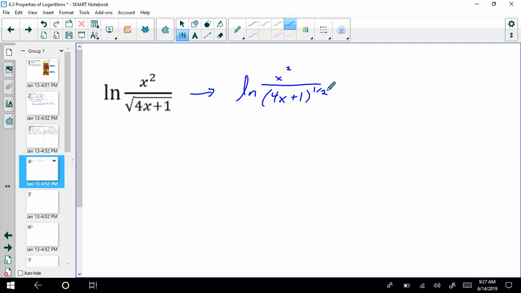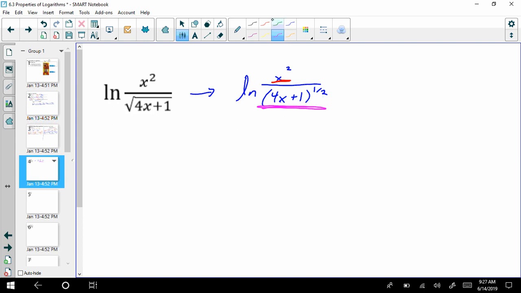Okay, so if I expand this, my first question would be, how many logs would this expand into? Well, for sure we have 1 up here. And now here's the tricky part. This entire thing, because the 4x plus 1 is inside of parentheses raised to the 1/2, that has to stay as one thing.